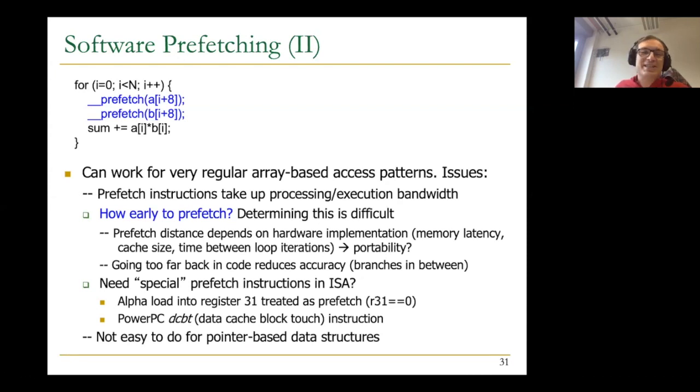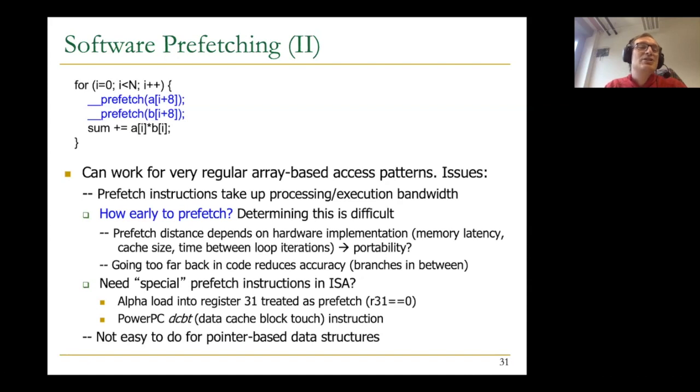Well, their job is not easy. Basically, they need to figure out whether the hardware prefetcher exists. Usually it does. And how to actually work with the hardware prefetcher while they're also doing software prefetching. So they really need to understand the guts of the hardware prefetcher, or they need to turn off the hardware prefetcher if that's possible, if a hook is provided to them to be able to do that, right?